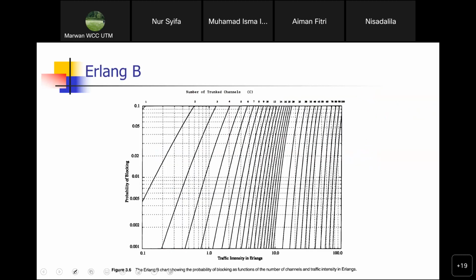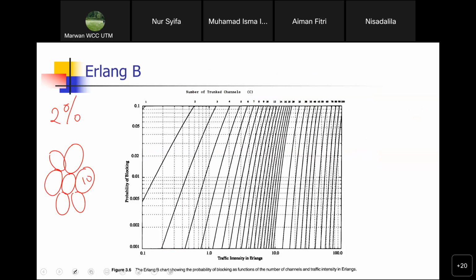Okay, so when it comes to Erlang, this is how you get your traffic intensity. For example, if you introduce 2% of blocking, and within one cell, just now our cell, we have 10 physical channels per cell.